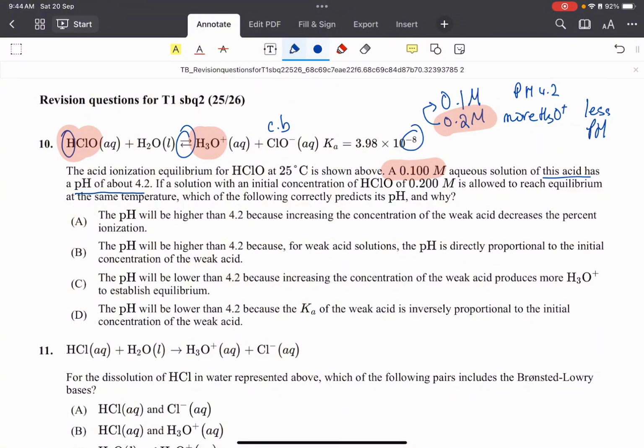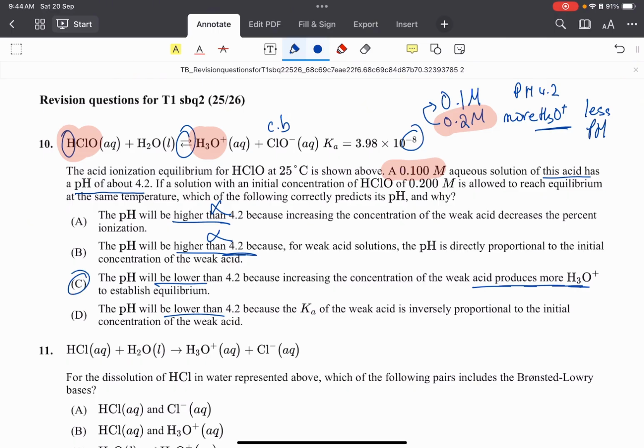So the pH is gonna be lower, more H3O plus. Okay, so here are two choices telling me that the pH is gonna be lower because increasing the concentration of the weak acid will give me more H3O plus.